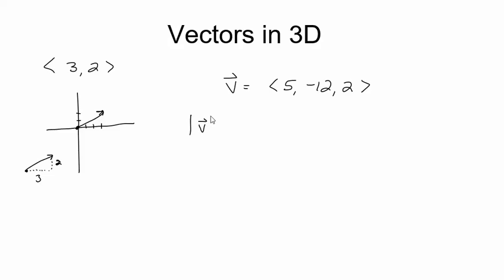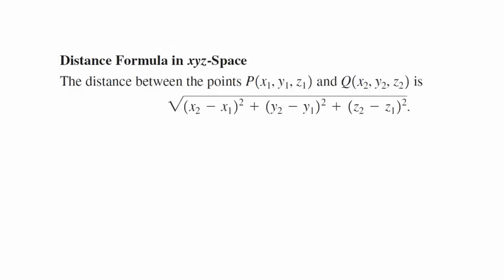Since this guy is in standard position, since our initial point, or the tail of our vector, is at (0, 0, 0), and the terminal point, sometimes called the head of the vector, is at (5, -12, 2), basically what we're going to end up doing is 5 minus 0, -12 minus 0, 2 minus 0, right? So if it's in this kind of component form, then when you're doing the magnitude, it's just a matter of squaring each of the components and taking the square root of it.